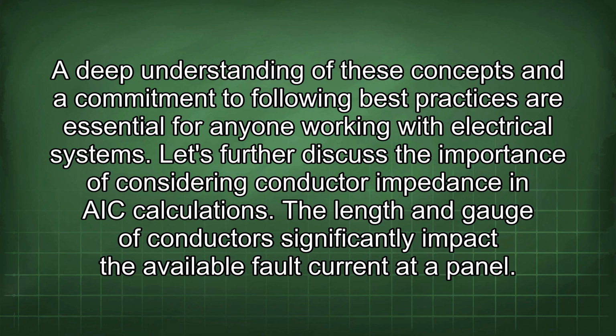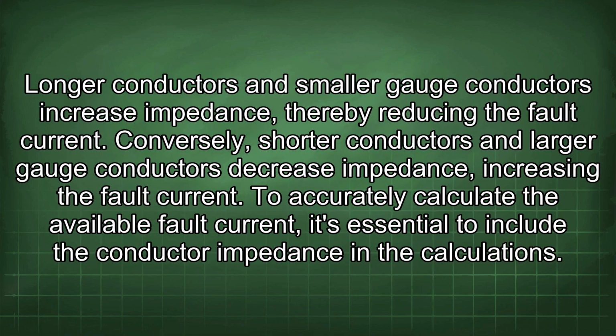The length and gauge of conductors significantly impact the available fault current at a panel. Longer conductors and smaller gauge conductors increase impedance, thereby reducing the fault current. Conversely, shorter conductors and larger gauge conductors decrease impedance, increasing the fault current. To accurately calculate the available fault current, it's essential to include the conductor impedance in the calculations.